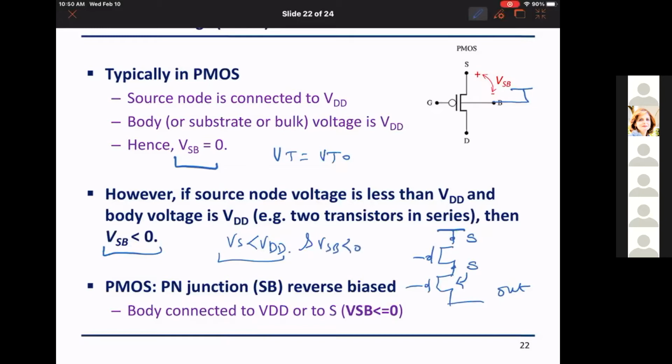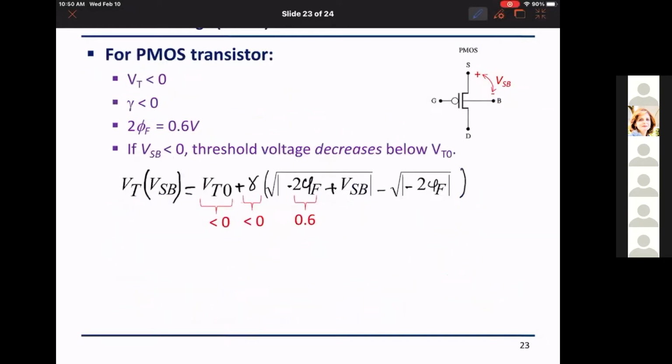In this case, the PN junction will be reverse biased and I will see an effect of increasing VT.